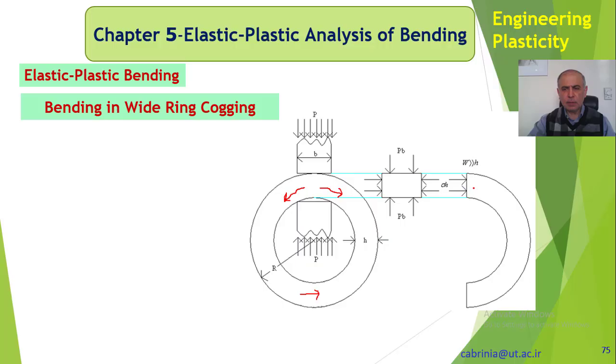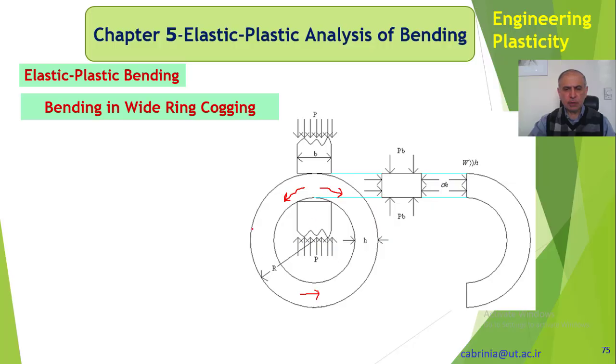So we can assume or imagine that it is a beam, and under these forces it acts like bending. What we have here is this load P acting on this punch with the width of B, and also this load P acting on the other punch.